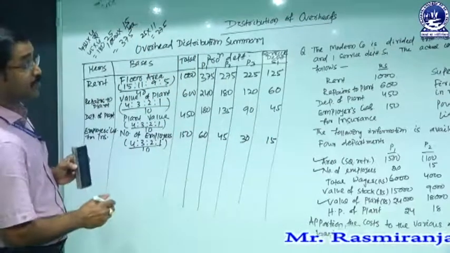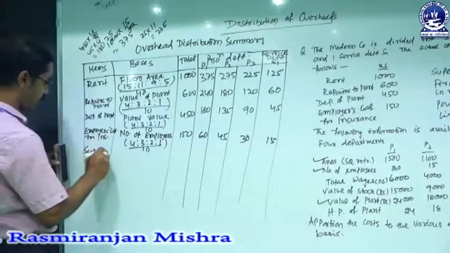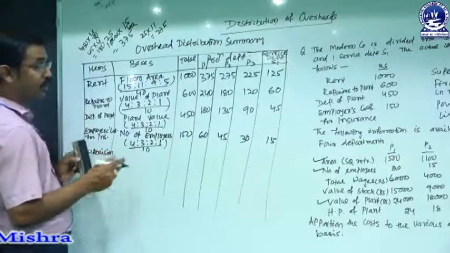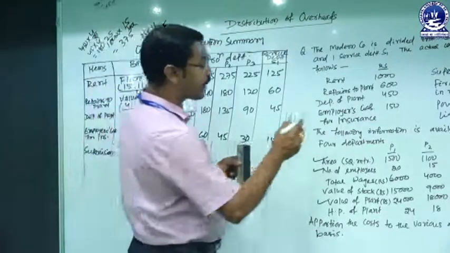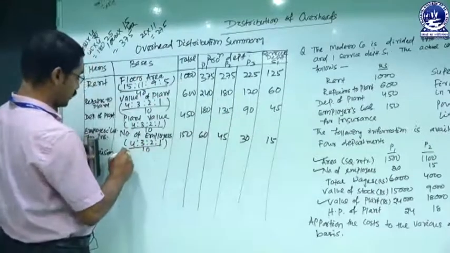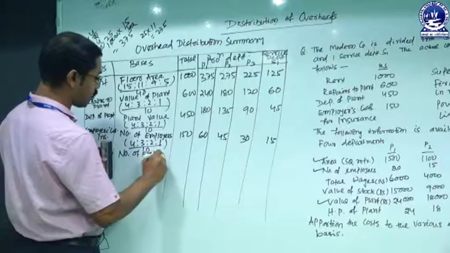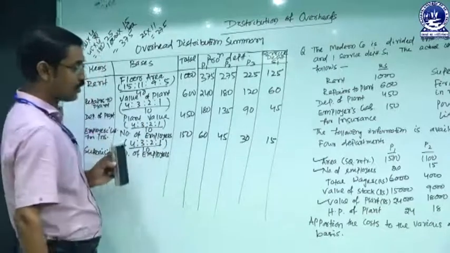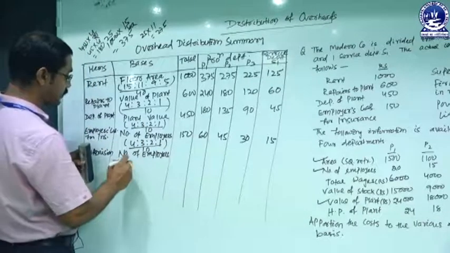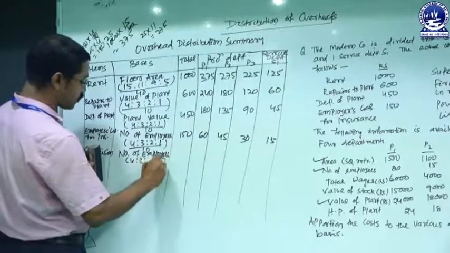Then the next item is supervision. It will also take into consideration the appropriate base, that is number of employees, because supervision is made towards the employees when the supervisor is engaged. The ratio is 4:3:2:1.